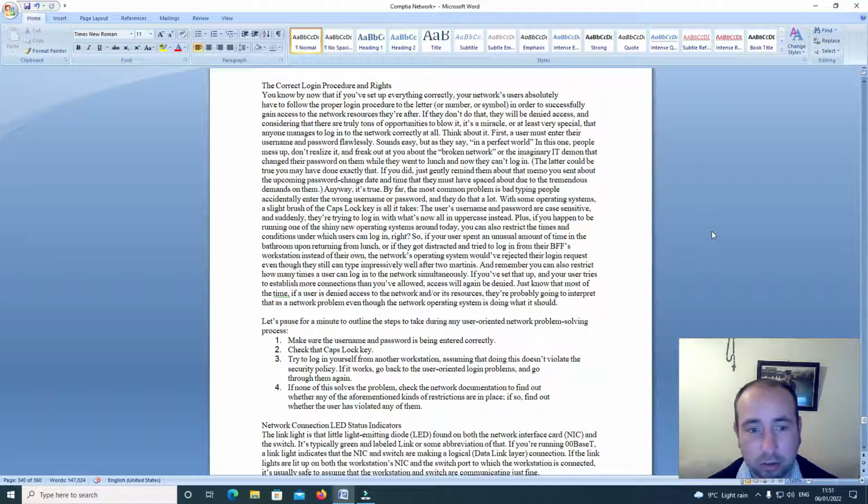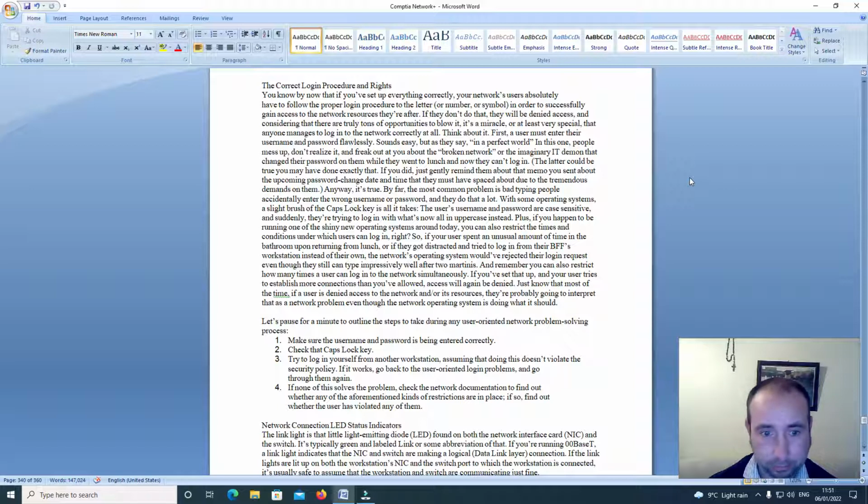The latter could be true. You may have done exactly that. If you did, just gently remind them about that memo you sent about the upcoming password change date and time. They must have spaced out due to the tremendous demands on them. Anyway, it's true. By far the most common problem is bad typing.